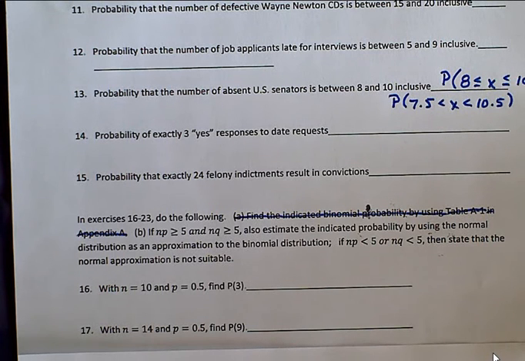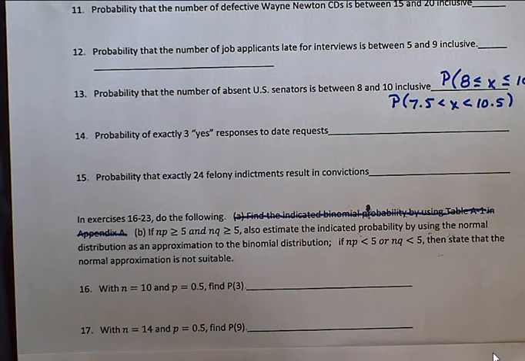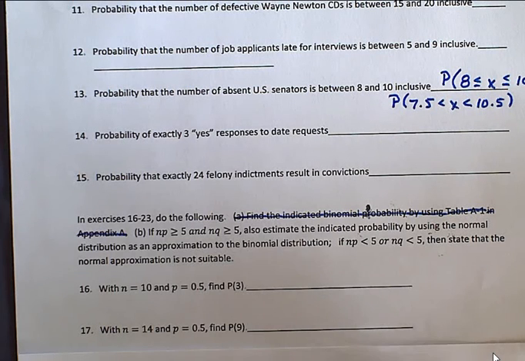So my next step then, I'm trying to find the probability that x equals 9, which I want to correct because it's an equals, so it's now 8.5 to 9.5.